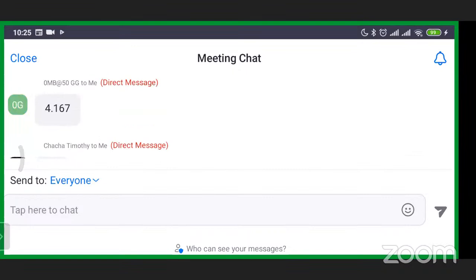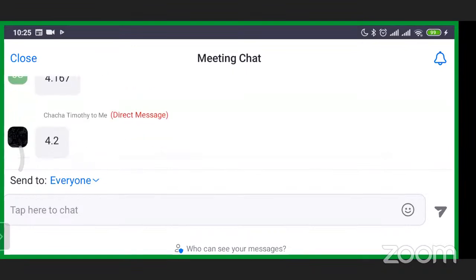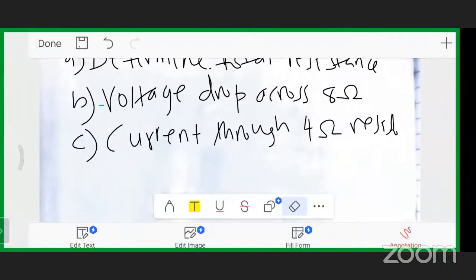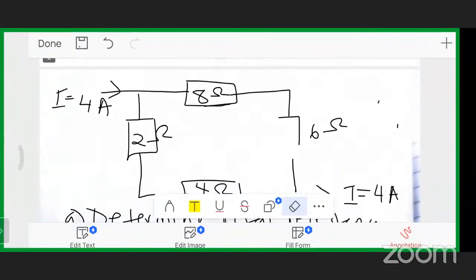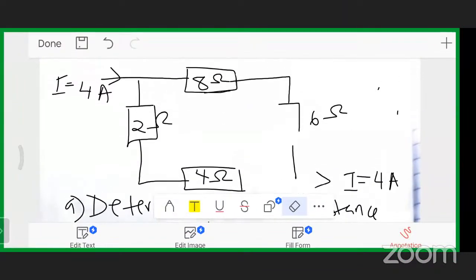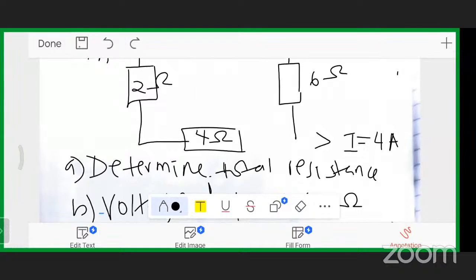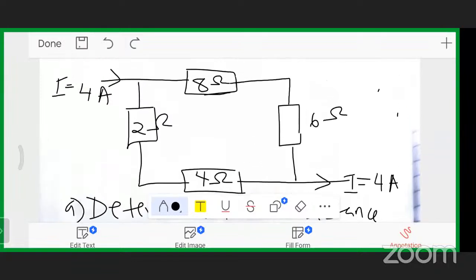You can cross-check with your work. So the circuit is there. That is it. So we are having 8 ohms there. Hey, what happened to it? I erased. Yes, it was like that. So we are having 8 ohm there, 2 ohm, 6 ohm, 4 ohm.